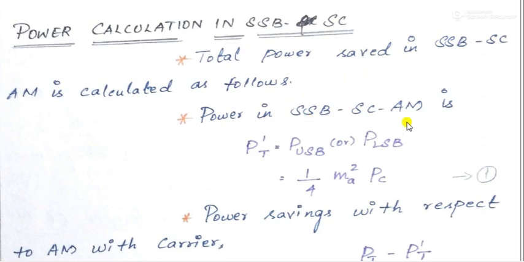The power in SSBSC, PT dash, is equal to the upper sideband or lower sideband power required to transmit the signal, denoted as 1 by 4 ma squared into PC, where PC is the carrier signal power. Because PUSB is equal to 1 by 4 ma squared PC, and PLSB is equal to 1 by 4 ma squared PC.